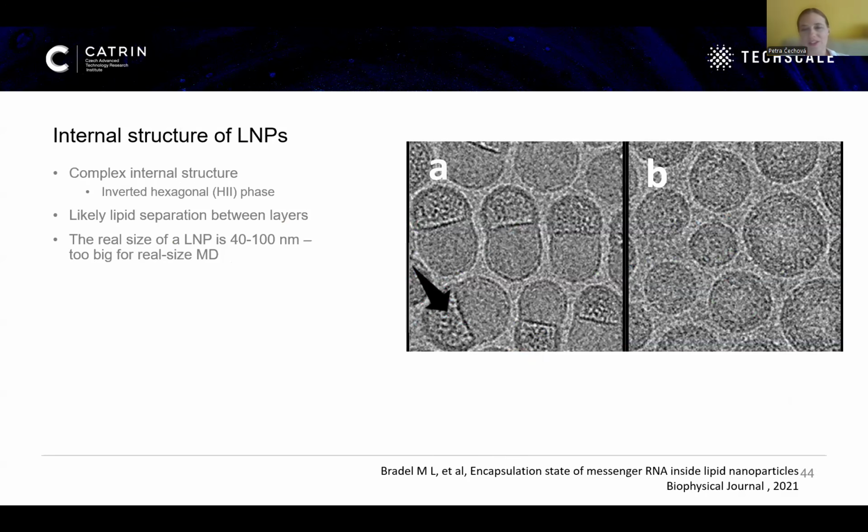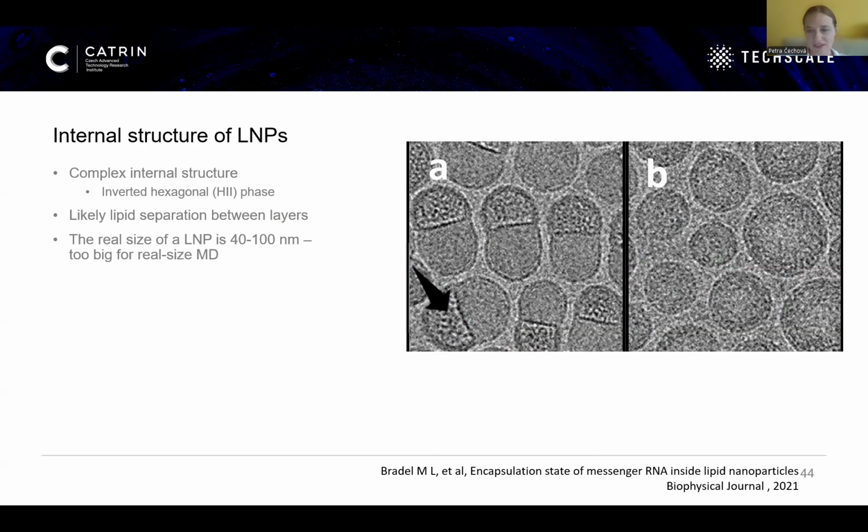So in this picture, I just wanted to illustrate that while there is a lot of hypothesis that there is a hexagonal phase inside of the lipid nanoparticles, in reality, it's very hard to check.